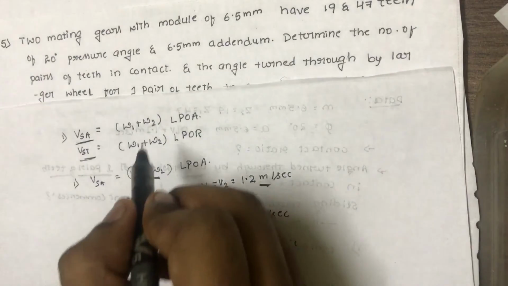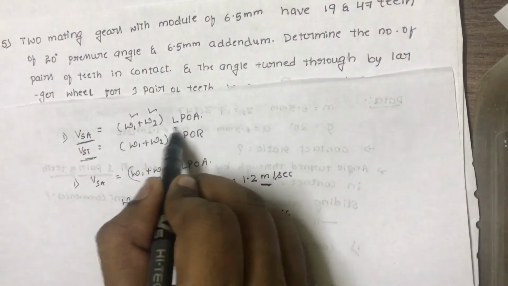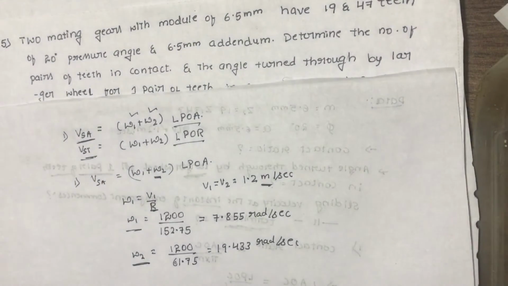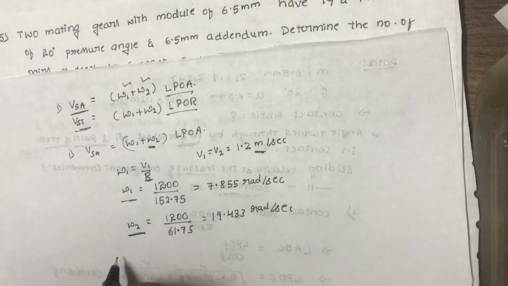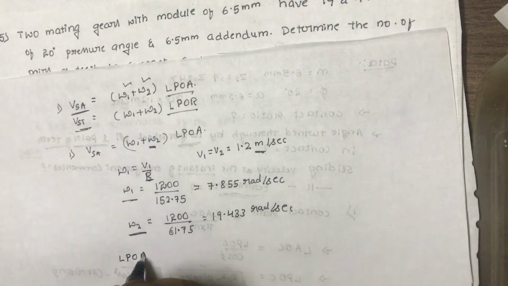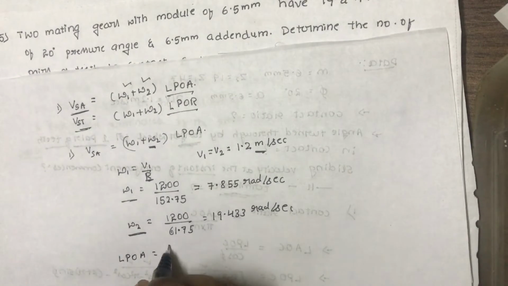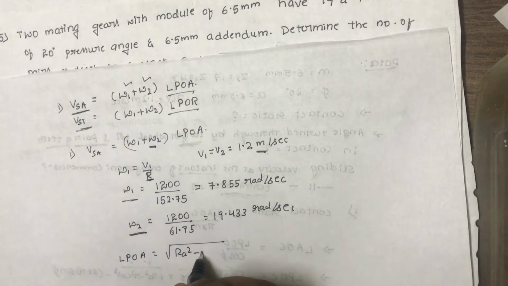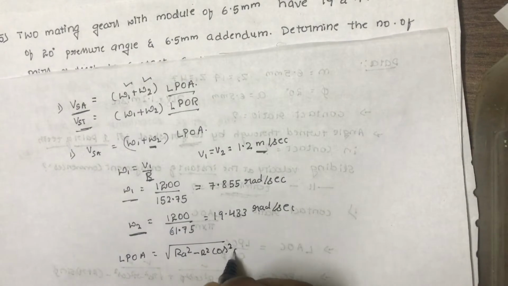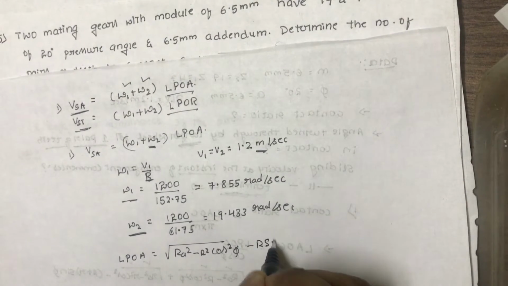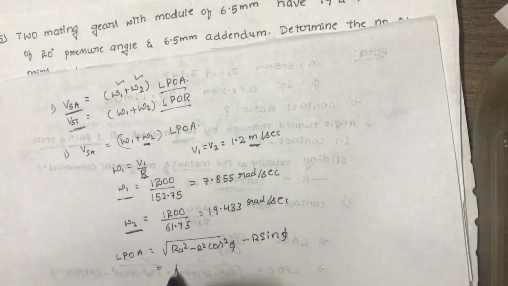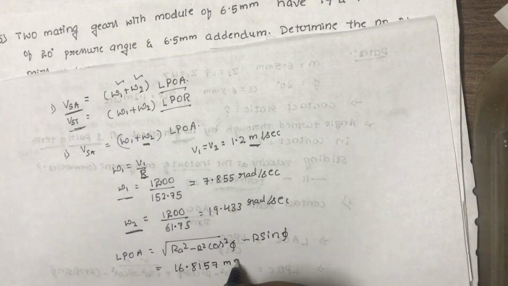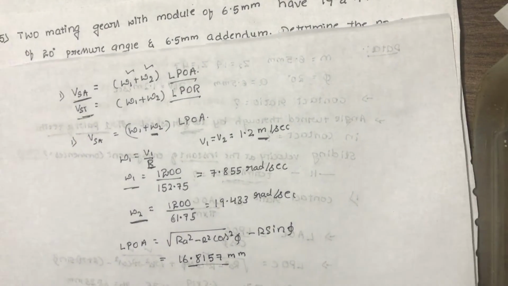So you have both omega 1 and omega 2, and you need to find LPOA and LPOR. You already know how to find these values. LPOA is equal to the square root of capital RA square minus R square cos square phi, minus R sin phi. Substitute the values and you will get 16.8157 millimeter as the length of path of approach.